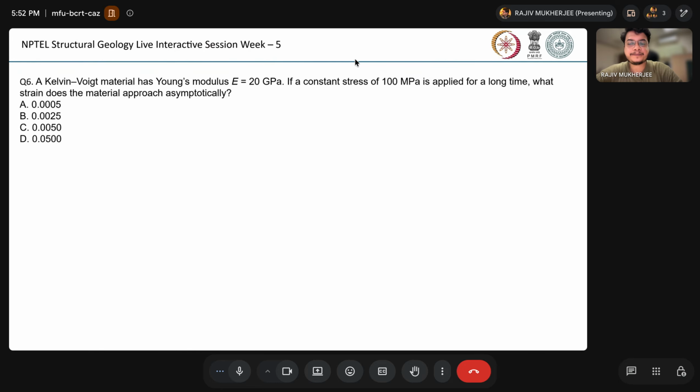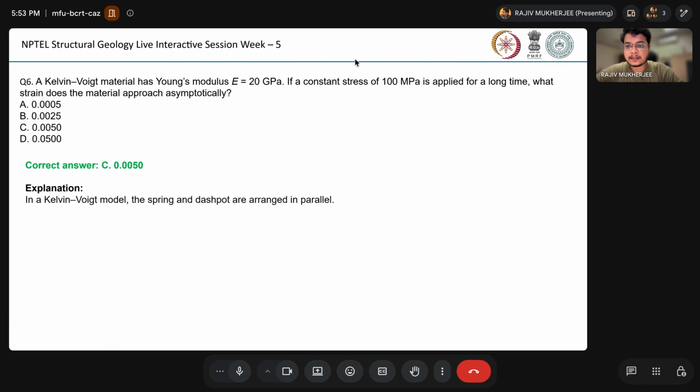Okay, so the correct answer is option C. And how do we calculate that? In a Kelvin-Voigt model, the spring and dashpot are arranged in parallel, not in series. So under constant applied stress, the strain approaches the elastic strain at long times.